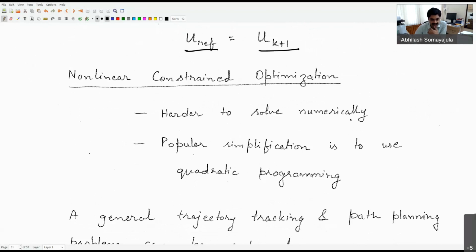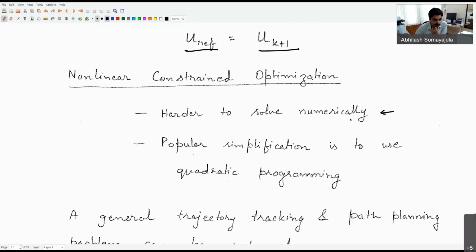trying to use nonlinear constraint optimization methods to solve this problem, to figure out what should be the path. Notice that this is definitely harder to solve numerically, and it usually requires some sort of an optimization toolbox or optimization methodologies to be programmed.